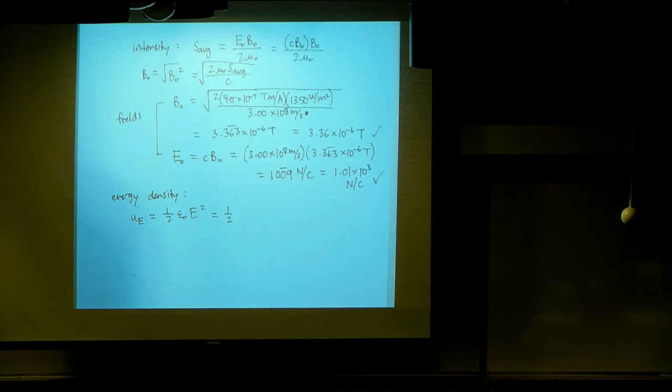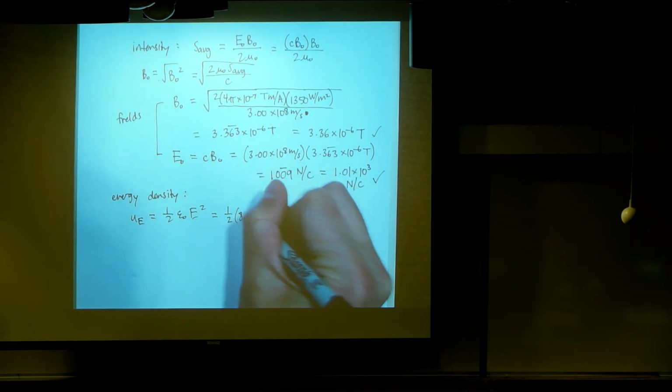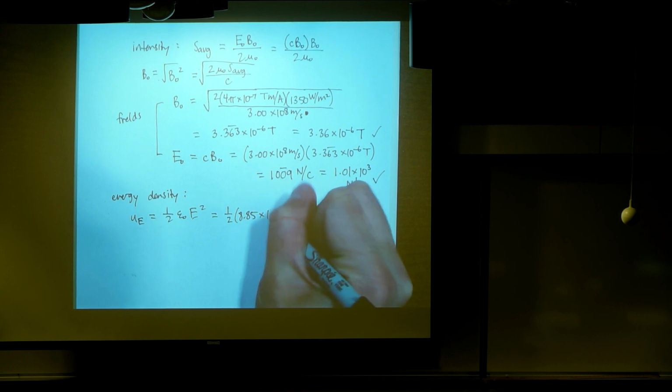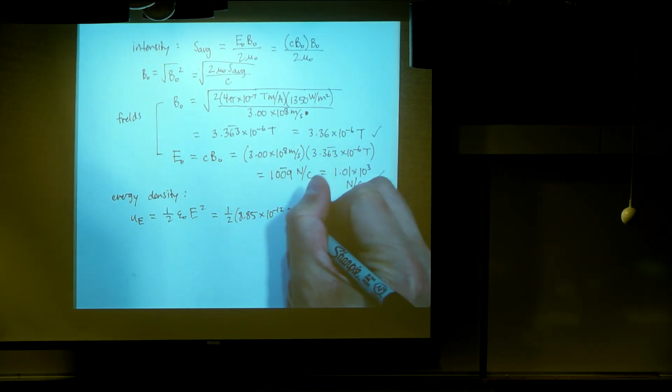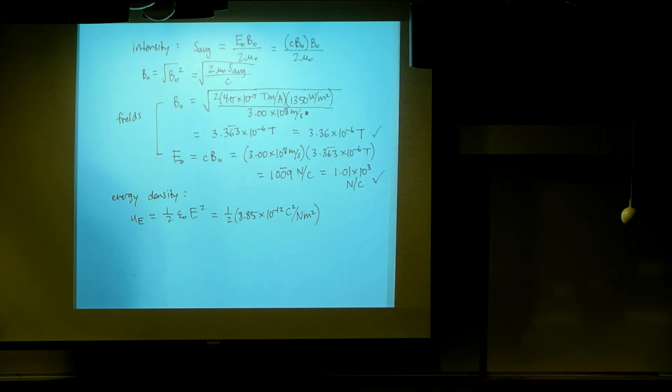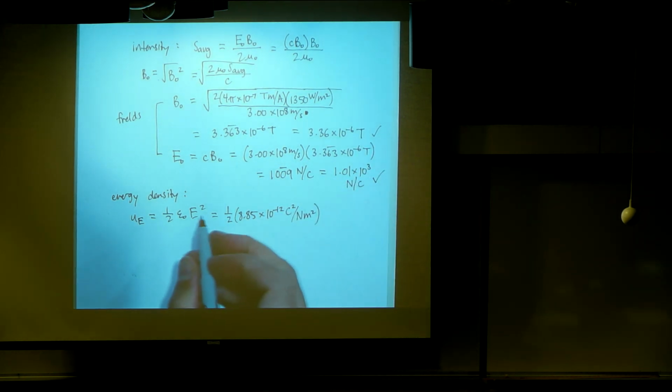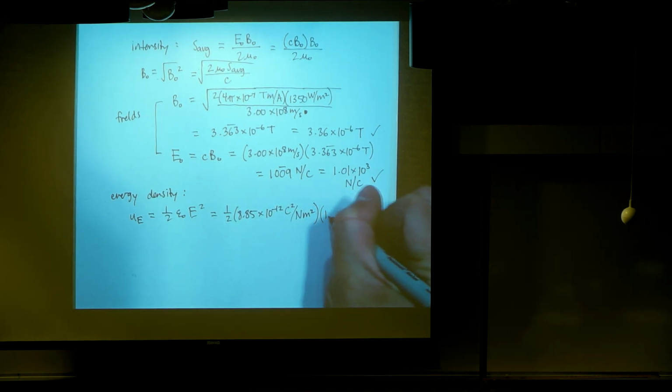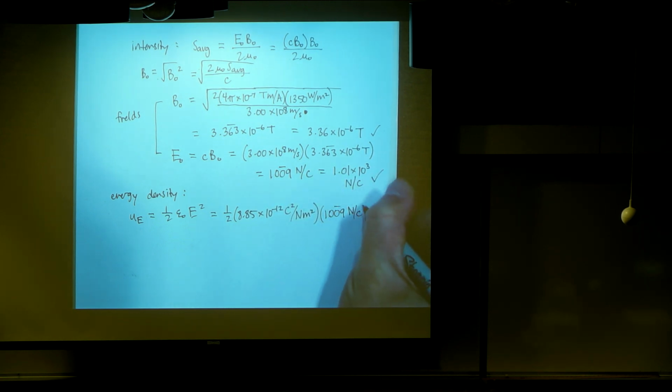It's 1/2 times epsilon naught, which is 8.85 × 10⁻¹² coulomb squared per newton meter squared. Then we're going to plug in our value of the electric field strength at its peak, which is 1,009 newtons per coulomb. And we're going to square that whole thing.